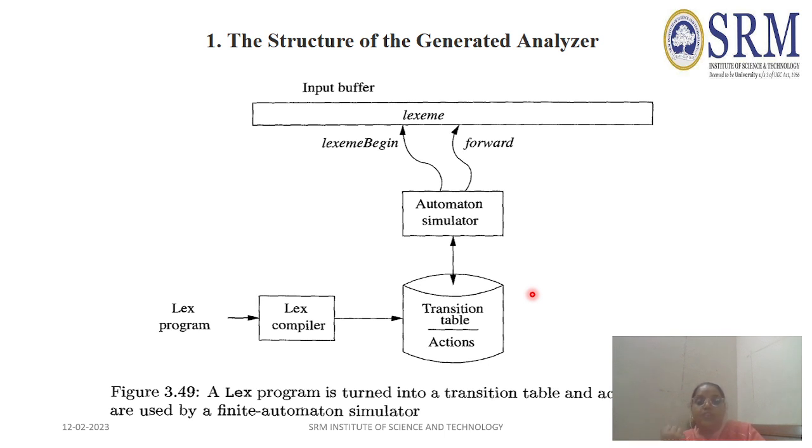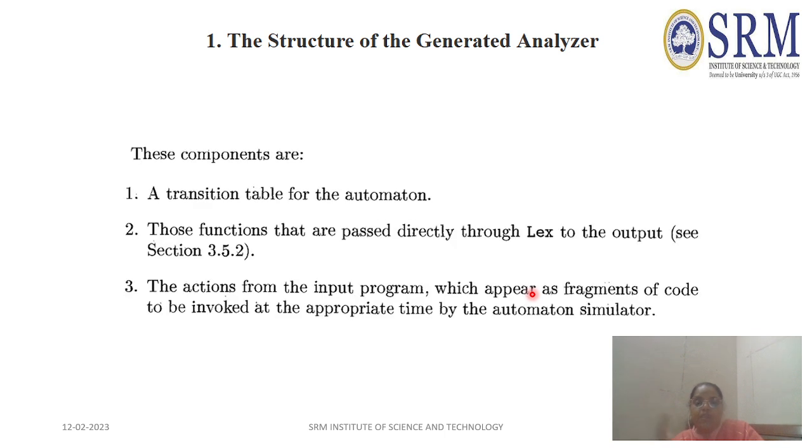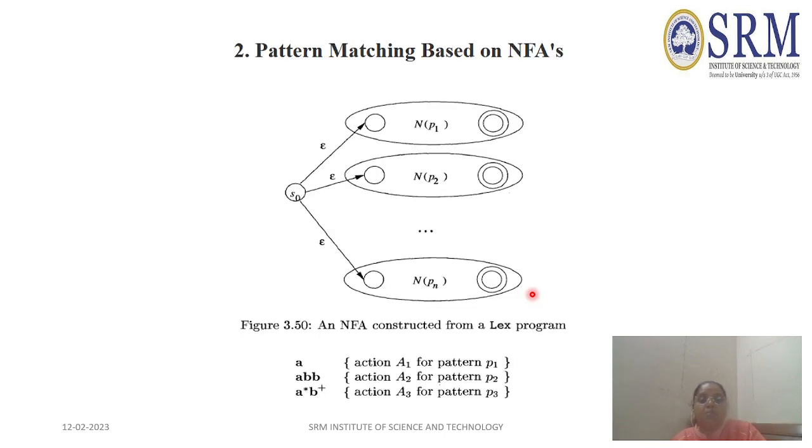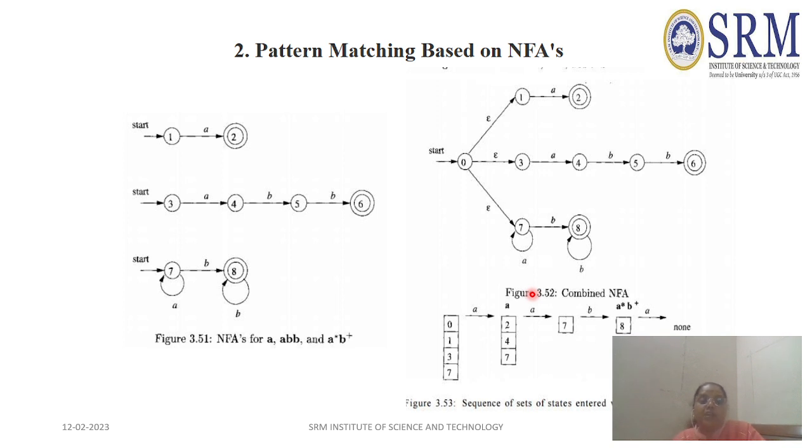That is, scanning of input is nothing but lexeme finding, and that will get updated in the symbol table. So these are the components used for it, and the pattern matching based on NFAs is defined with the diagram, for the example A, B, A star, B plus, and the same NFA is used for tracing the input string BA.